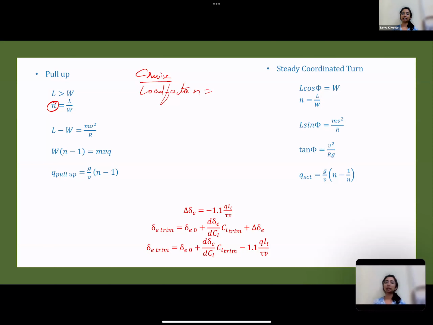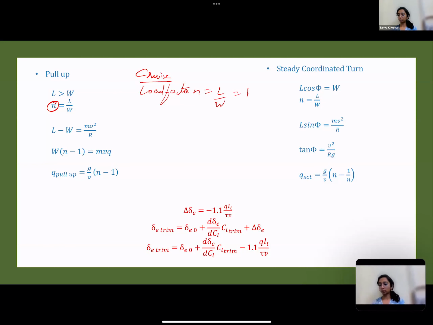Just look at the equations that are given to you. It's right here. So now you can tell me what is the load factor for cruise condition. Lift equal to weight. So what is the load factor? Exactly. So 1, lift upon weight is 1.